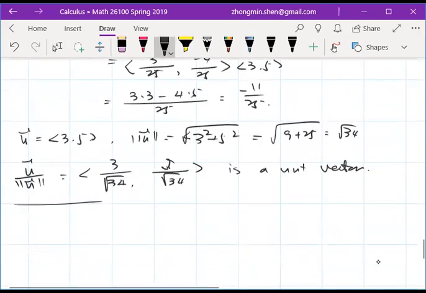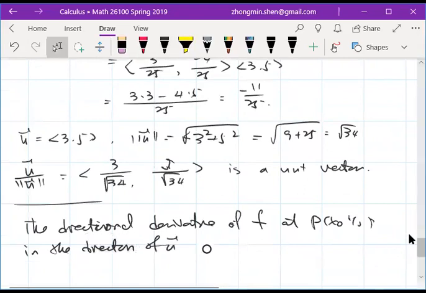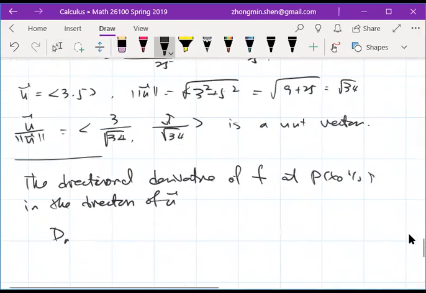So the directional derivative of f at the point in the direction of u is going to be the gradient of the function dotted with u, which normally means the unit vector, and you have to normalize it if it's not a unit vector.